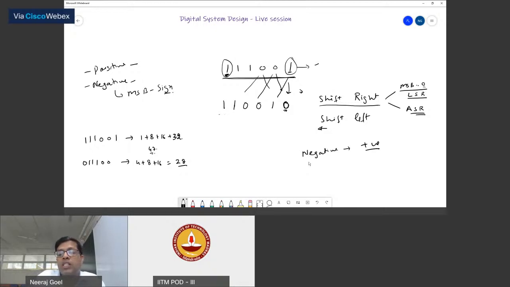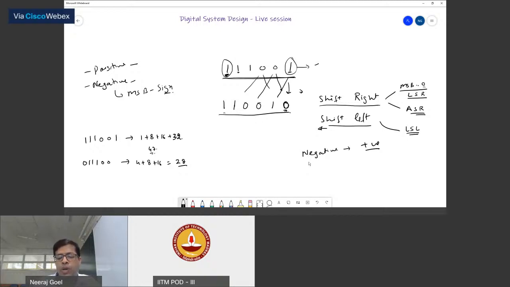So this is a shift left. In shift left, there is no logical shift left or arithmetic shift left. It is always logical shift left. Even if the number is positive or negative, let's say this number would have been negative, this one bit says that it still remains negative.